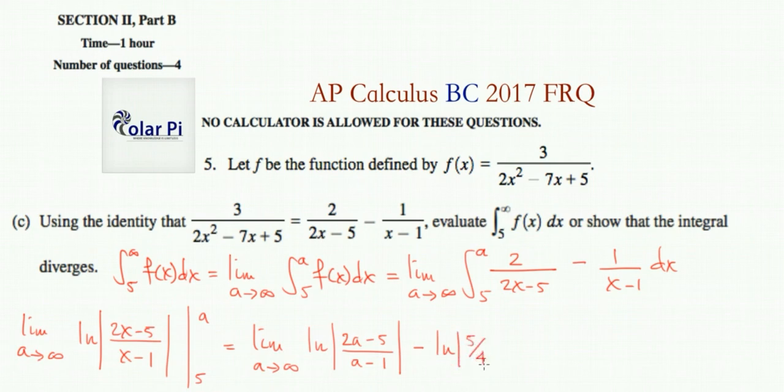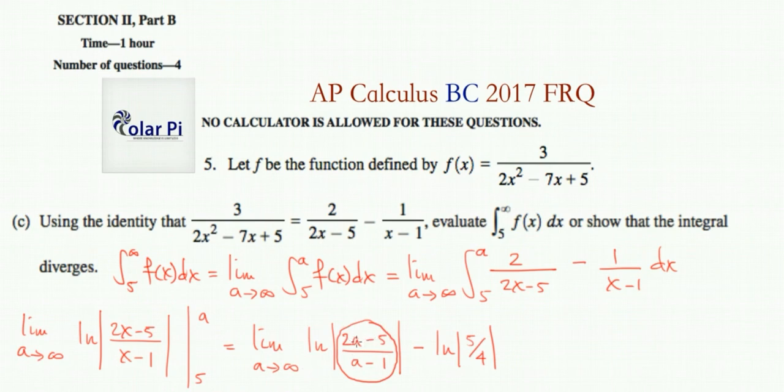Okay, now when we evaluate this limit, when we take the limit as a goes to infinity, this here does not have an a, so it remains intact. And in here, what's affected by that limit most is this quotient. Remember, when we're considering values of a that are very big, subtracting 5 and subtracting 1 don't matter, they're insignificant.